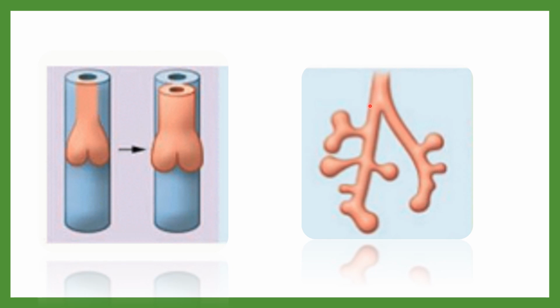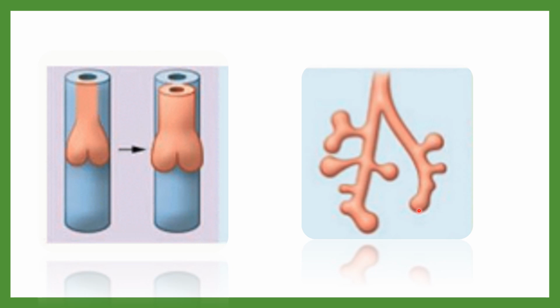Hence three lobe divisions appear in the right side of the lung, and on the left side two lobes of lung are differentiated. So the secondary bronchiole differentiates the lobes of the lung.